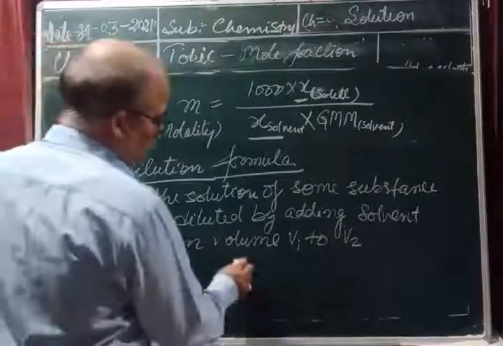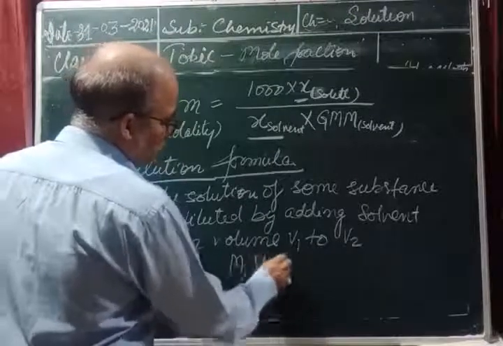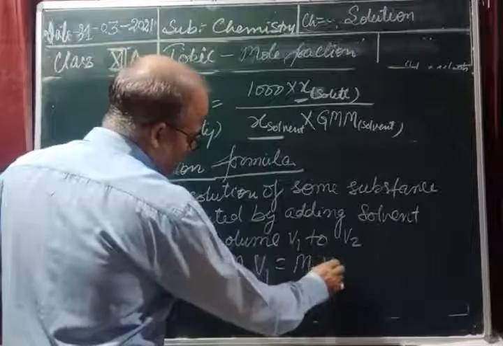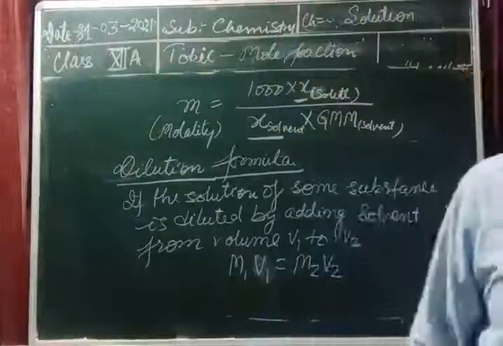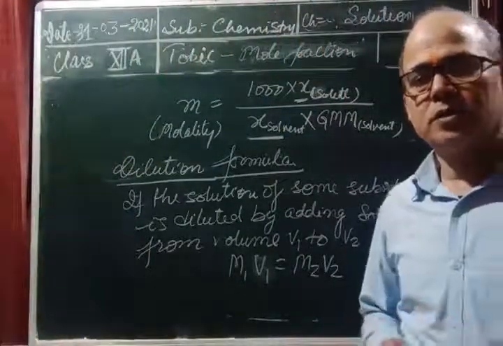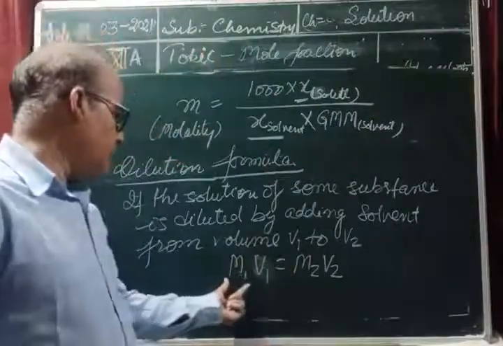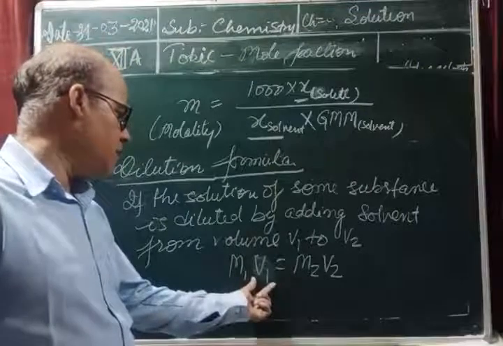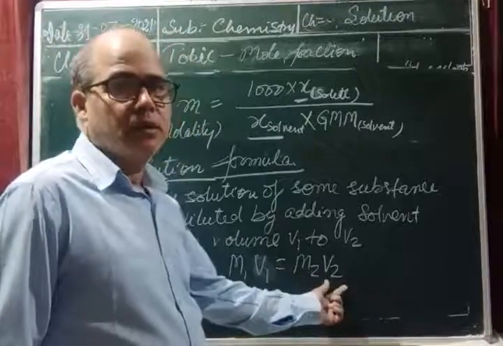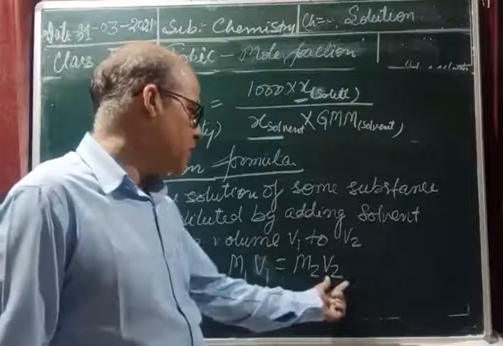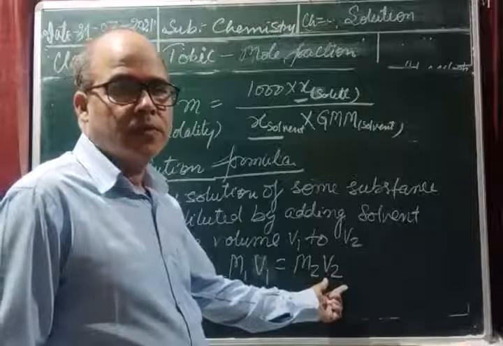Then the formula will be M1 V1 is equal to M2 V2. Because when we add more solvent, the molarity of solution will also change. In the first case there was molarity M1 when the volume was V1, then molarity will be M2 when volume becomes V2. This formula is for the dilution.